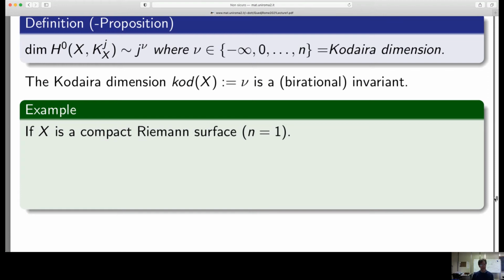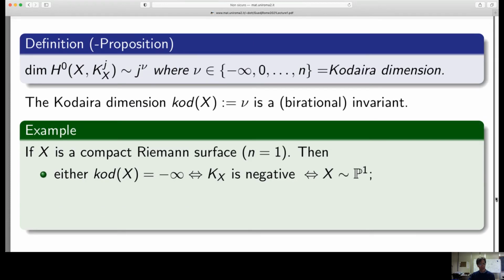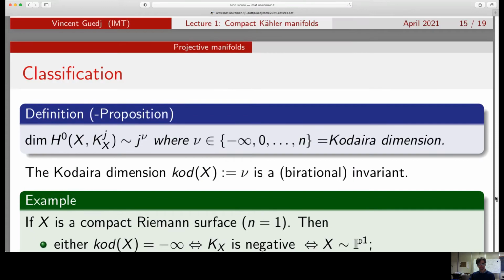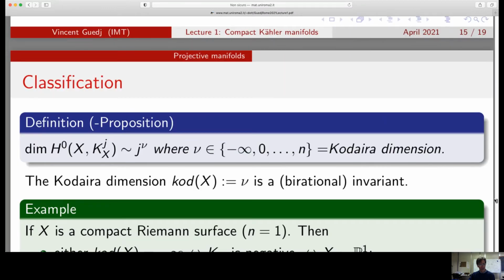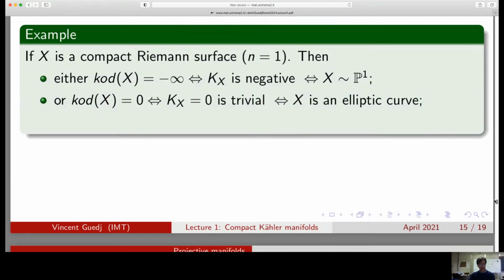The simplest example is the Riemann surface case. Then you have three cases. Kodaira dimension is minus infinity, which means that there are no sections of any power of K_X, and this is the case for X equal to P1. If any power of K_X is trivial, then you have a torus, an elliptic curve.